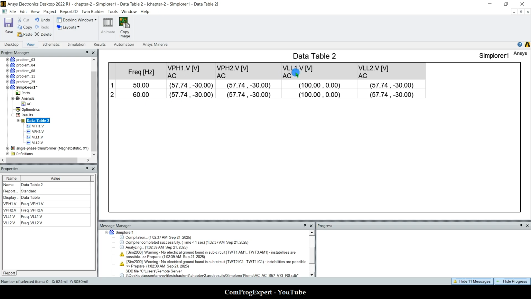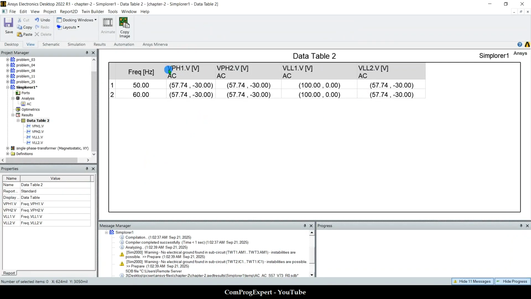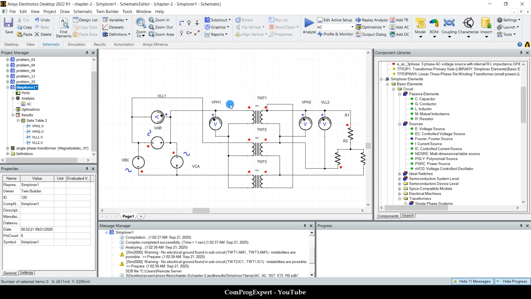This is the line to line voltage 100. The angle is 0. Yes, VAB. We have this line to line voltage VAB. What about the V phase 1? V phase 1, its amplitude is 57 because the primary, the right side of the three-phase transformer, is connected in Y configuration.